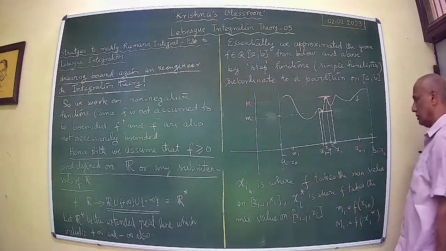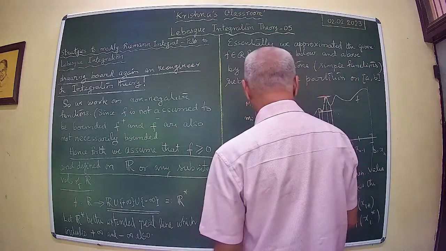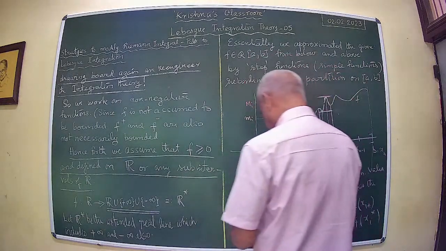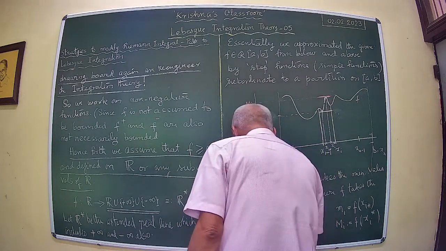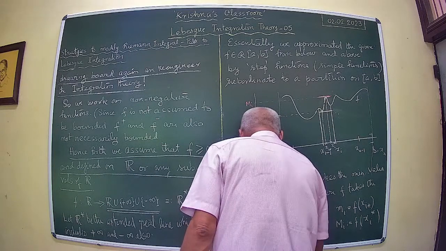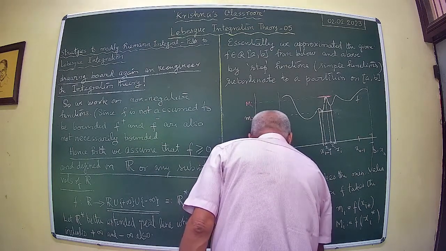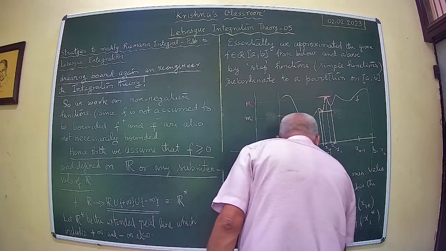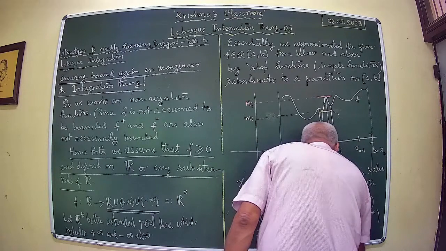Likewise on all intervals, because we have introduced a partition. The partition P is given by a equal to x naught, x1, less than, xn equal to b. This is the partition.